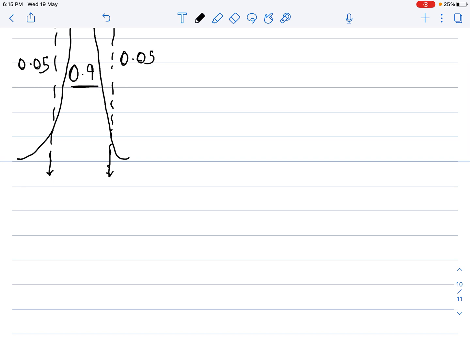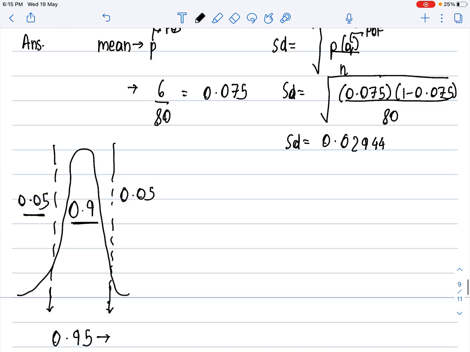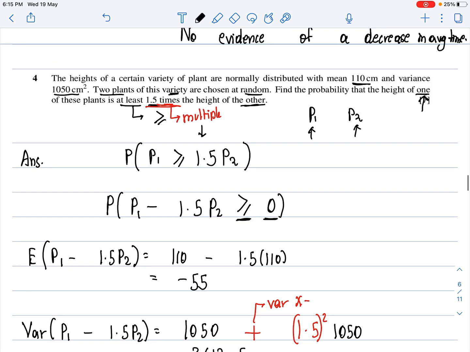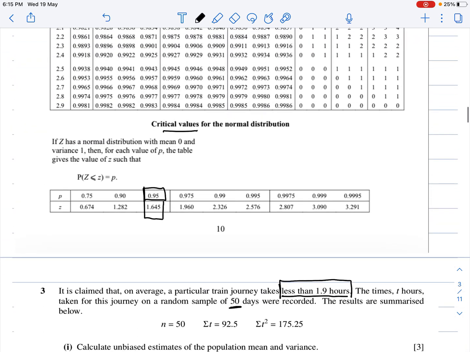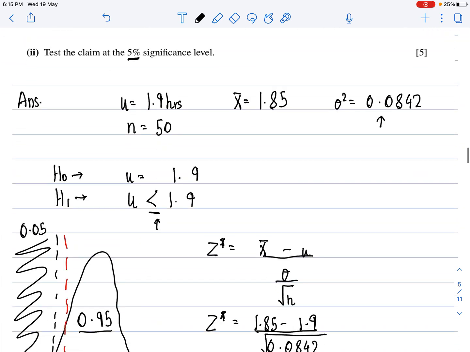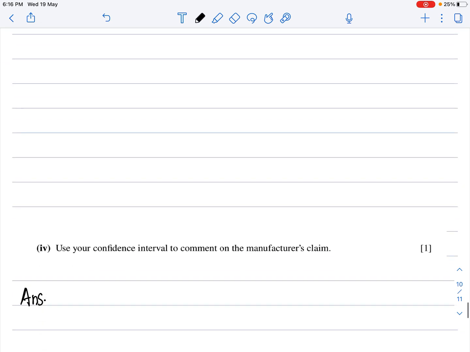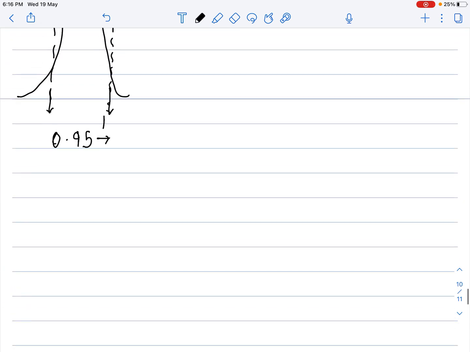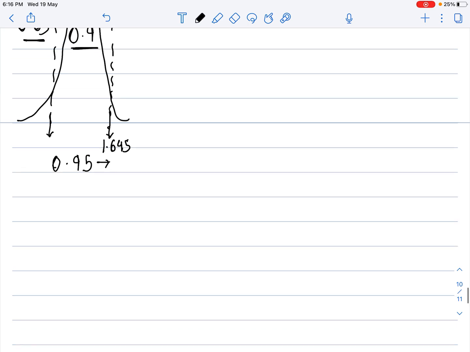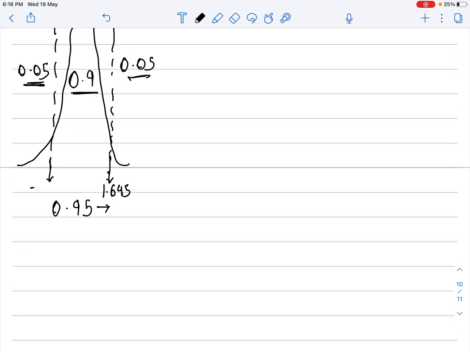For the upper z value, I do 0.9 plus 0.05 to get 0.95. The z value for that is 1.645, which is already marked because we used 0.95 in one of the earlier questions. And as it's the same area 0.05 and 0.05, the lower is minus 1.645.